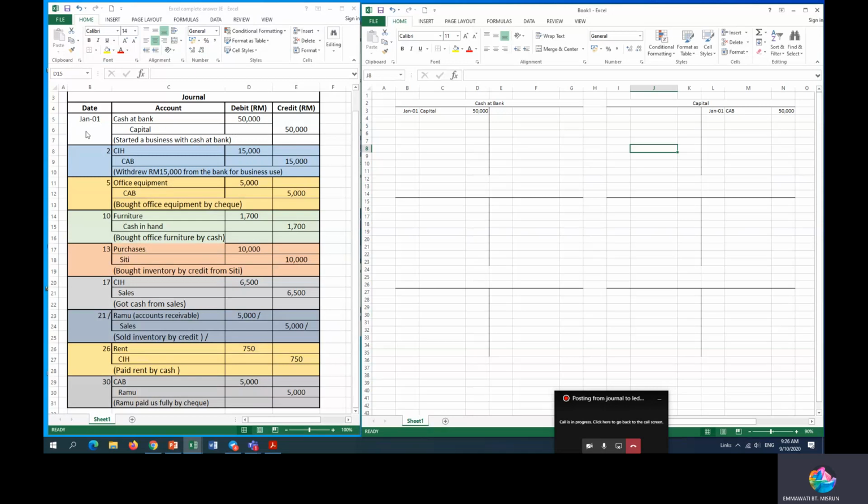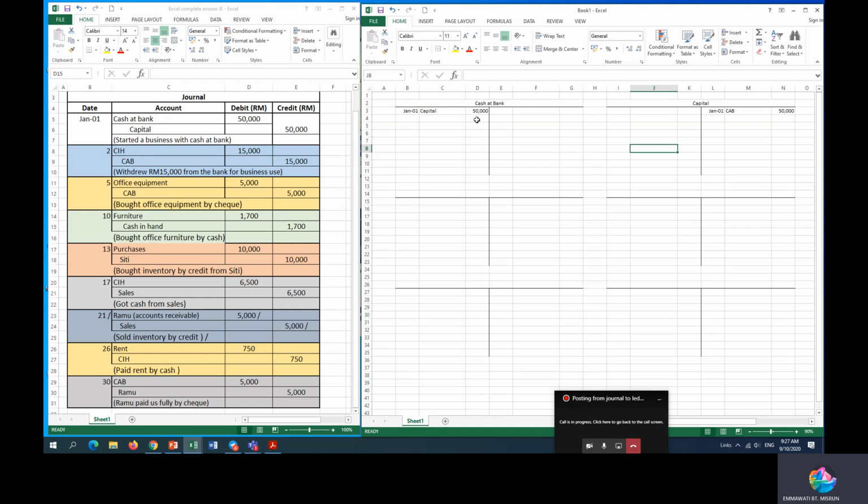Okay. So that would be the first ledger entries that we have posted from journal to ledger on January 1st. So we can see here the concept of double entry is applied in the first entry. We have two accounts open, and one account is debited while the other is credited.